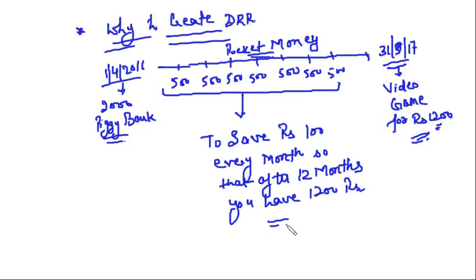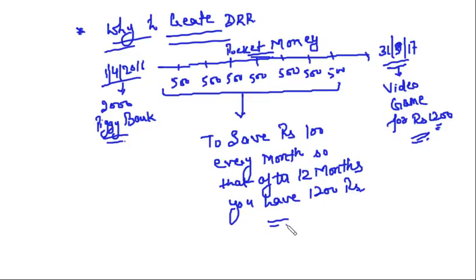Are you getting my point? On 1/4/2016, you have 2000 rupees in your piggy bank, right? Every month you are getting 500 rupees as pocket money from your parents. And on the last day of the financial year, that is 31st of March 2017, your exams are going to be over and you want to buy a video game for rupees 1200.